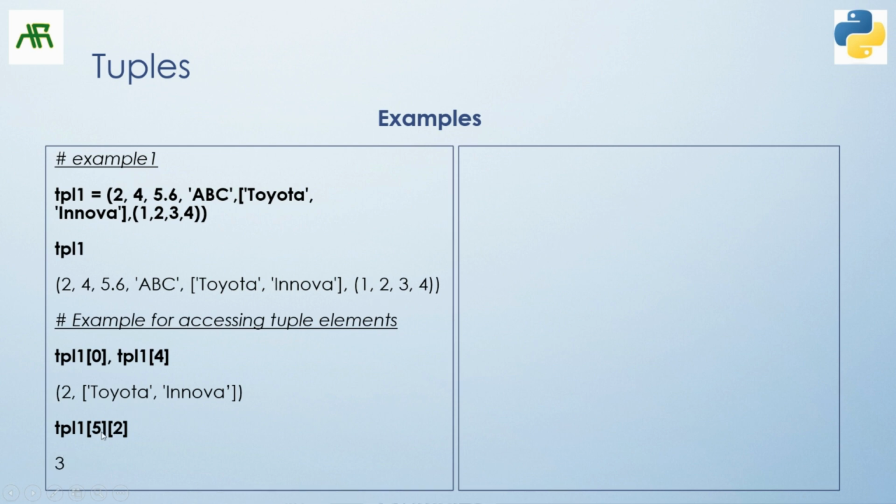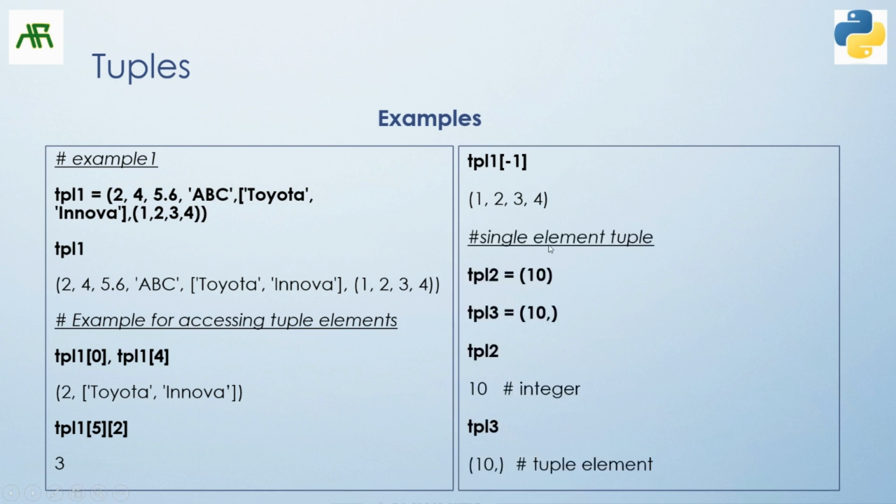So if I print tuple element 5 with sub element 2, I'm going to get 3, which is at the index position 2. Similarly, tpl of minus 1, which starts from the right, gives the tuple element, which is a tuple internally, numbers 1, 2, 3, 4.